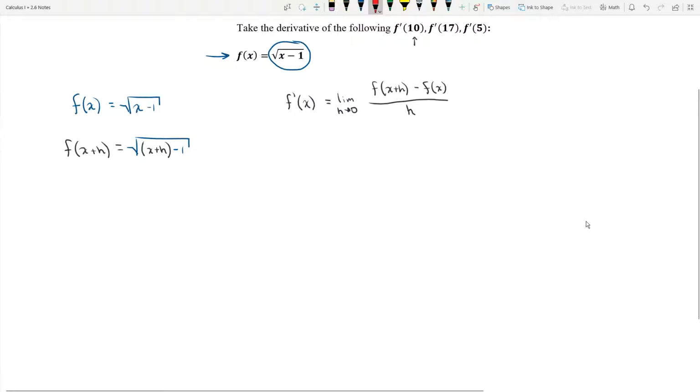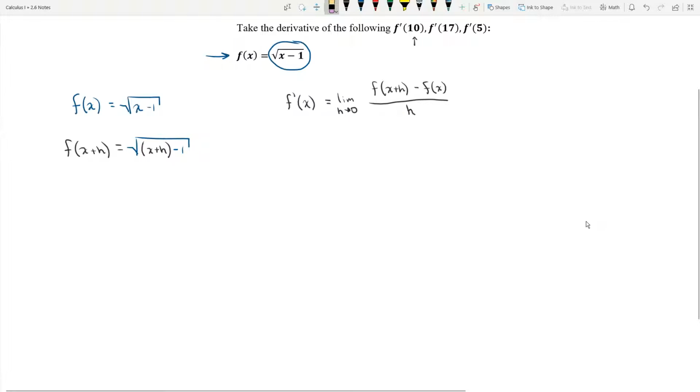And again, our goal is to eliminate or to reduce that h. The problem right now is that if we were to substitute 0 for h, of course we would have division by 0, and we can't do that.